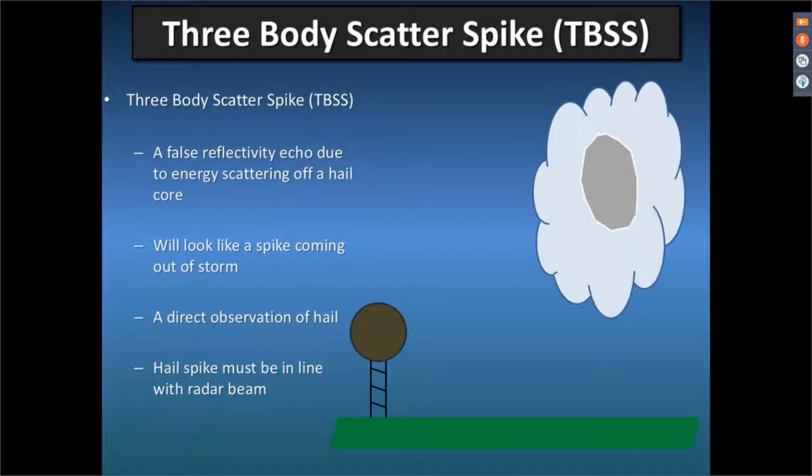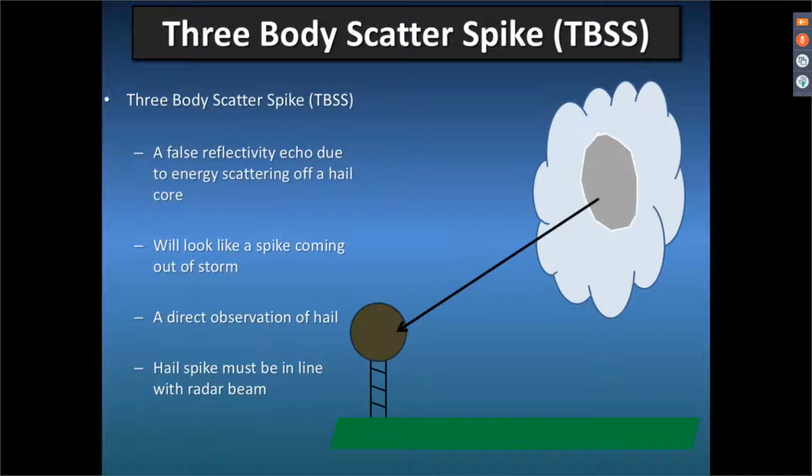The energy from the radar gets scattered out in all directions, and it can kind of look like a spike is coming out of a thunderstorm. And basically, if we see that, we know the radar is detecting large hail in that thunderstorm. It doesn't necessarily mean the hail is reaching the ground, but at that elevation of the radar beam, that's where some hail is definitely present.